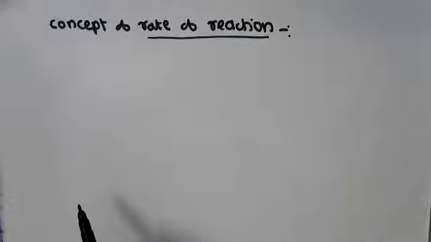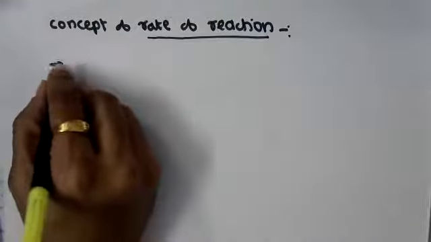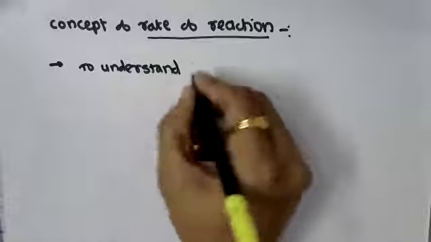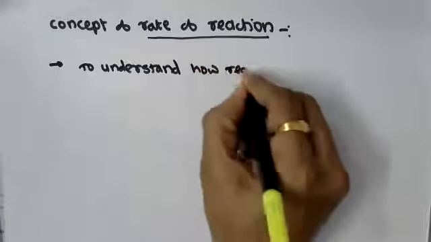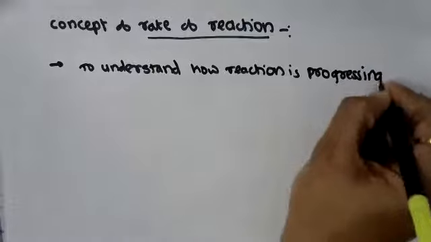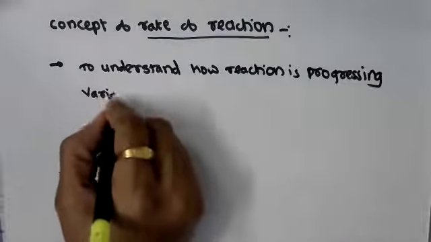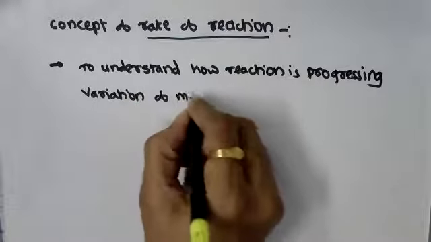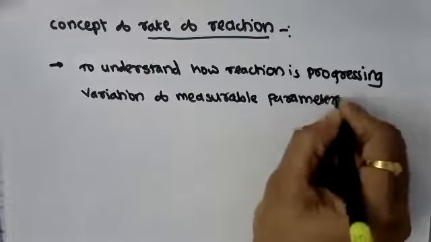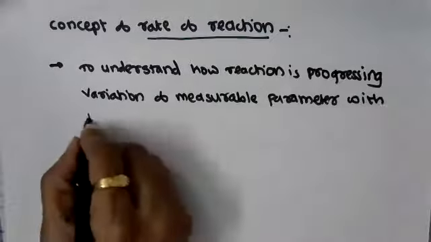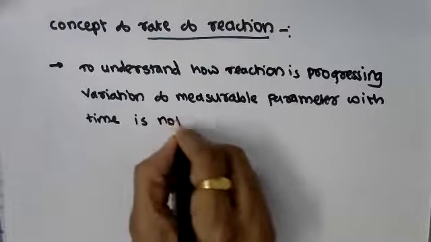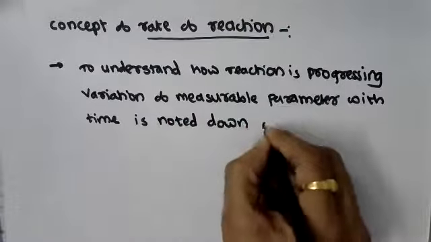And therefore, to understand how the reaction is progressing, the variation of a measurable parameter with time is noted down or measured.